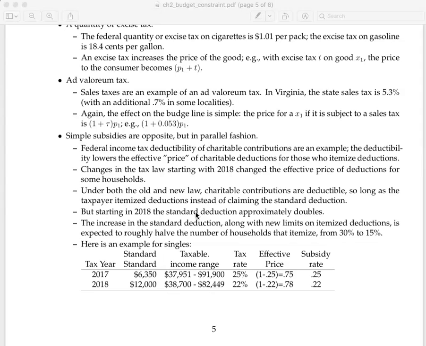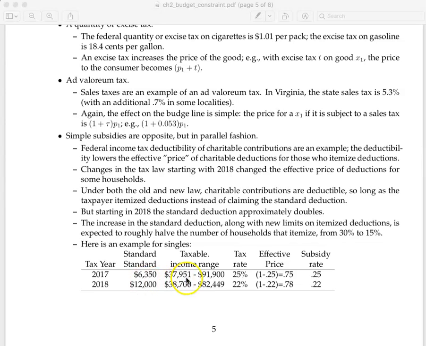So let's just think about this case and imagine somebody who has itemized deductions, and let's suppose that those deductions in both 2017 and 2018 are, take the first case, let's say they're greater than $12,000, okay? So that's a lot of itemized deductions.